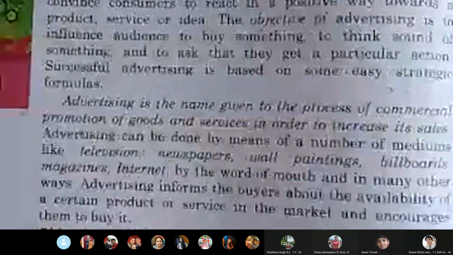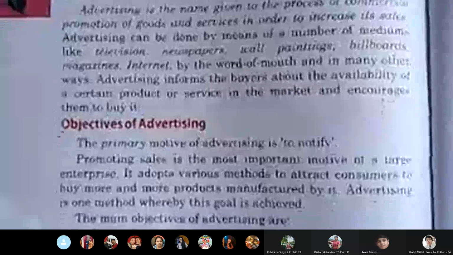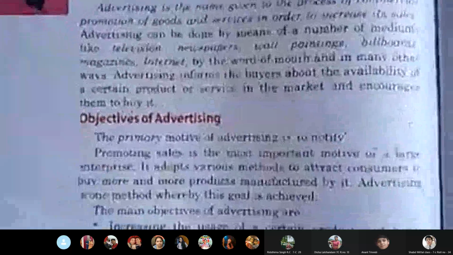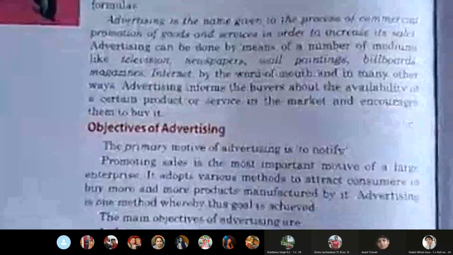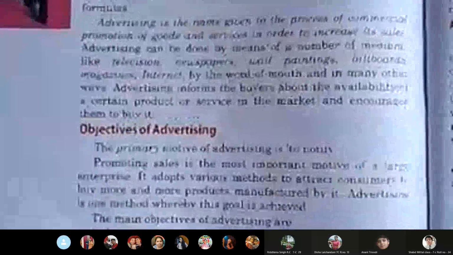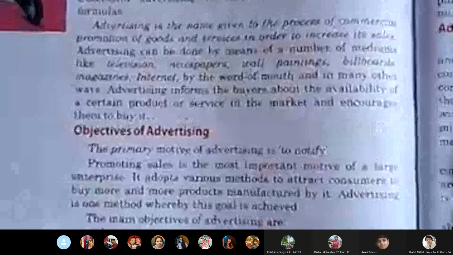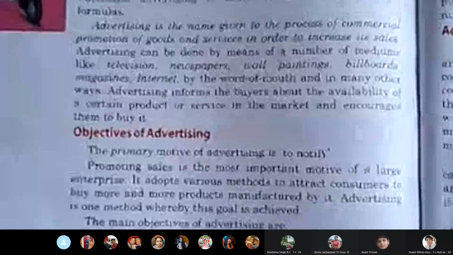So the consumer can make the maximum use of the product which is on sale. Now, objectives of advertising. What is the main objective of any advertisement that you see? The primary motive of advertising is to notify, is to tell you. So please underline the term notify. That means to make you aware.